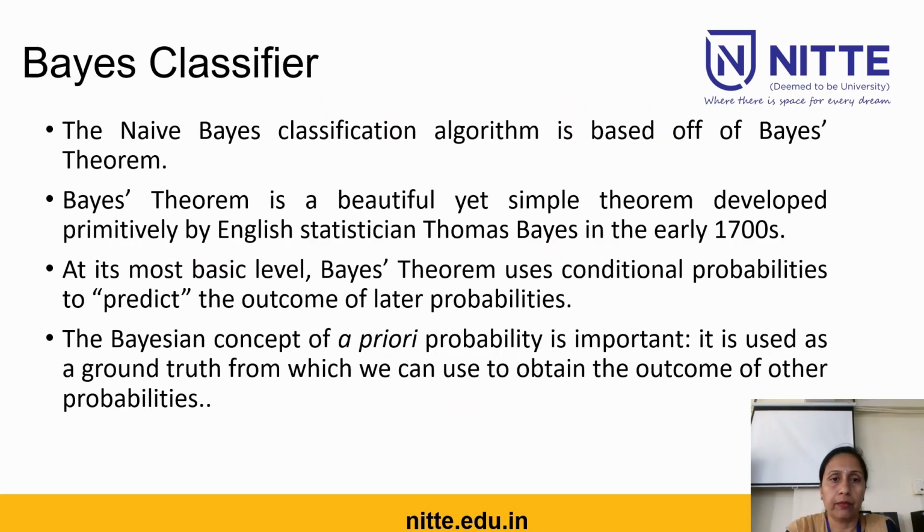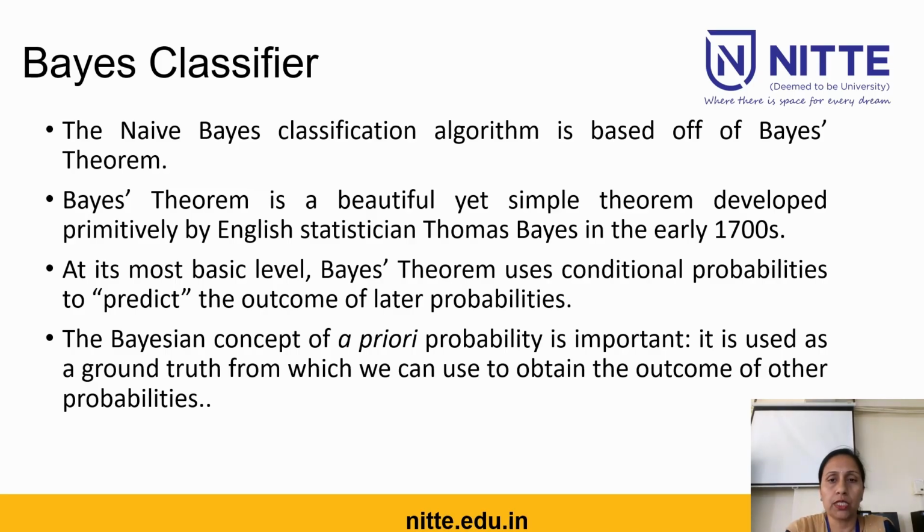So before we start the Naive Bayes Text Classification, let us see some basics about Bayes Theorem. Naive Bayes classification algorithm is actually based on the Bayes Theorem, which is a mathematical and statistical algorithm. This was originally developed by an English statistician and mathematician called Thomas Bayes.